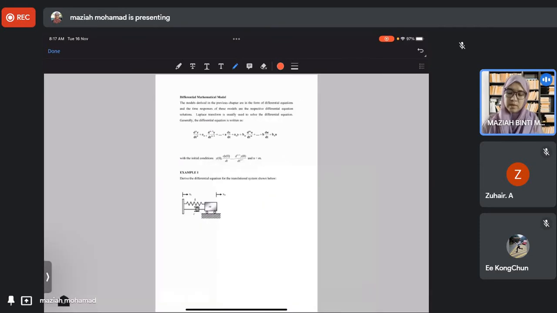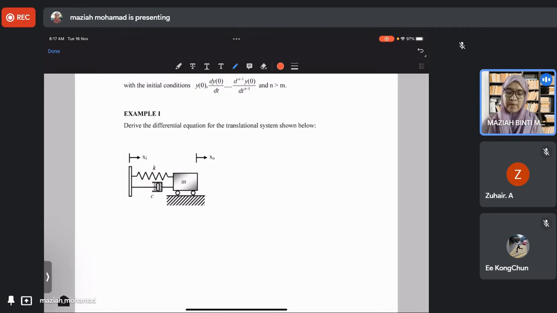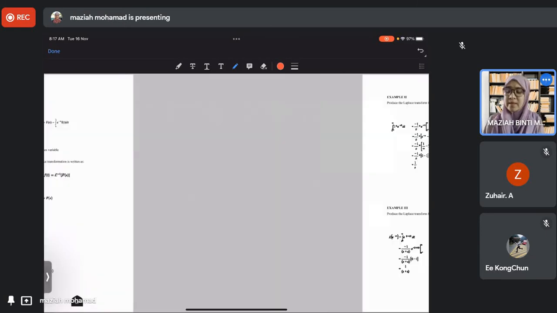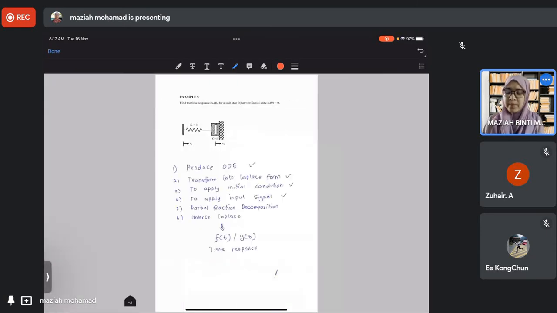Okay. So we already derived in this example here, example 1. So I just take the derivation and we're going to use it straight away.